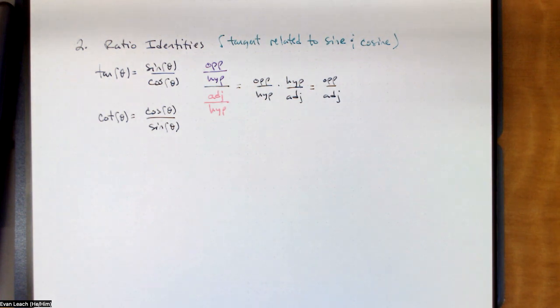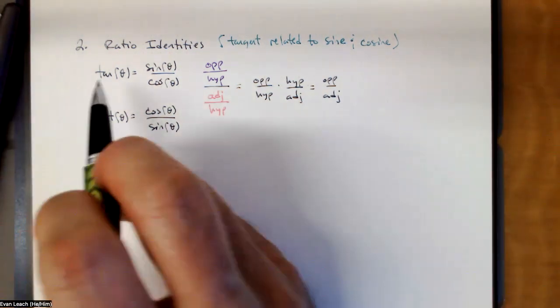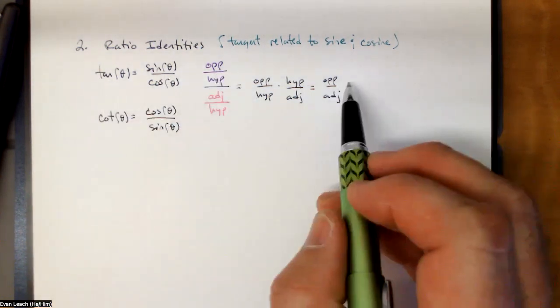Since cotangent is the reciprocal of tangent, if tangent is sine over cosine, then cotangent is cosine over sine. On top of tangent is opposite.